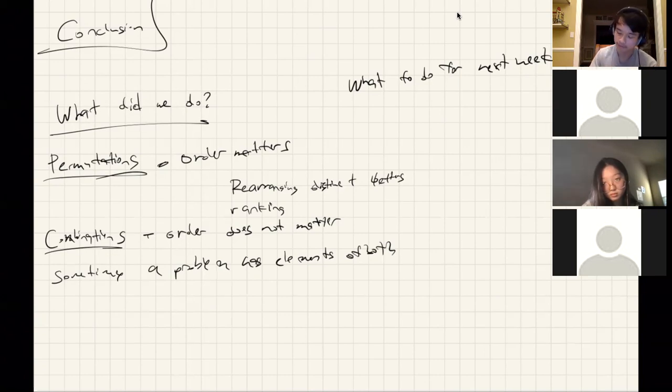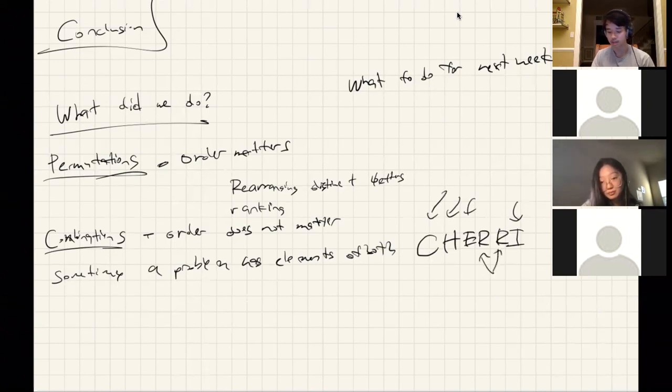We saw this with arranging the letters of the word cherry. The order in which the other letters, the C, the H, the E, and the Y, are placed is going to matter, but the order in which the R's are arranged doesn't matter. So for some parts order matters, and for other parts order doesn't matter.